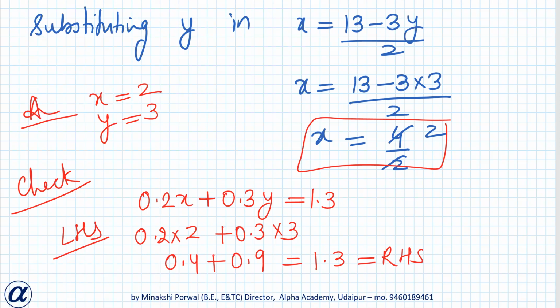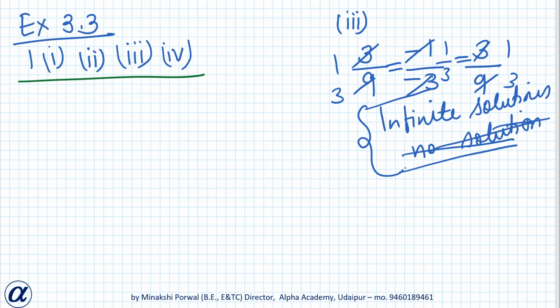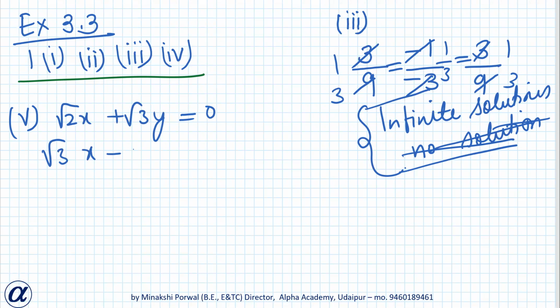Okay. So, see, this one is slightly difficult. So the fifth one: root 2x plus root 3y equals 0, and root 3x minus root 8y equals 0.